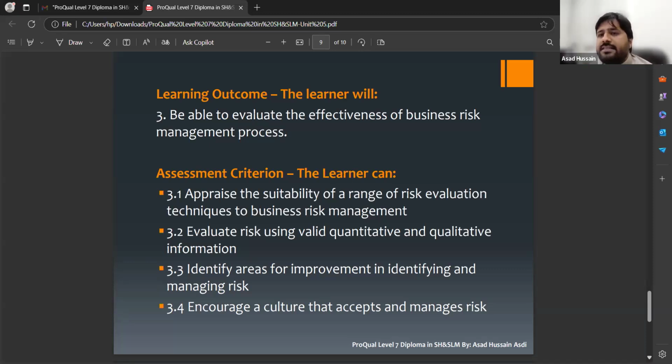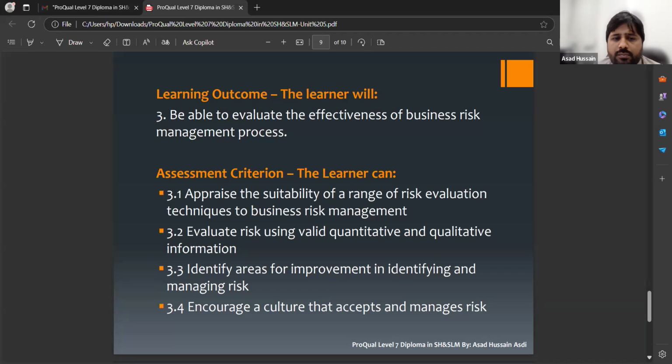So any such type of identification, assessment, confirmation, documented evidence will be enough for the evidence of this 3.3 assessment criteria.